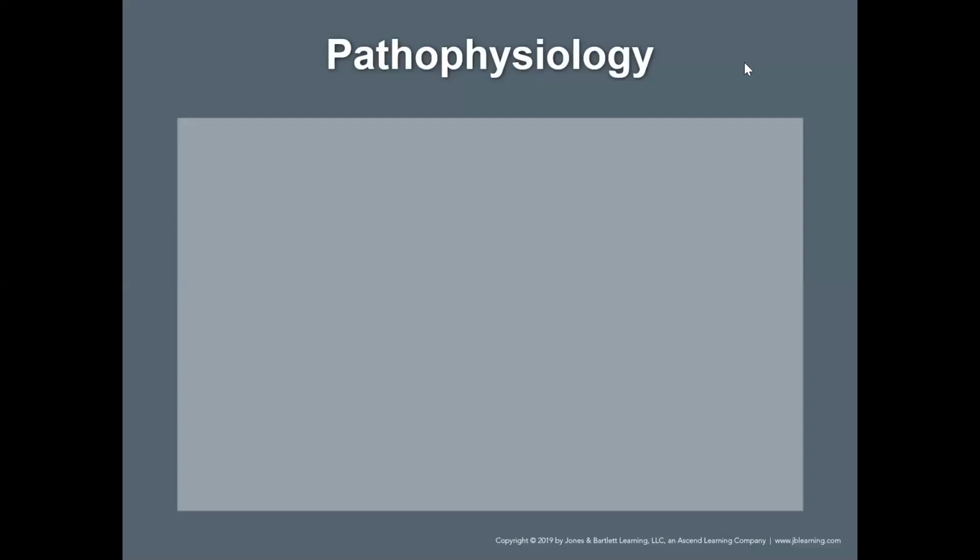Okay, let's talk about some pathophysiology and some problems with our brains. There are a lot of disorders that can cause altered level of consciousness, seizures, syncopal episodes, loss of motor control, all of those kinds of things. The brain is very greedy.